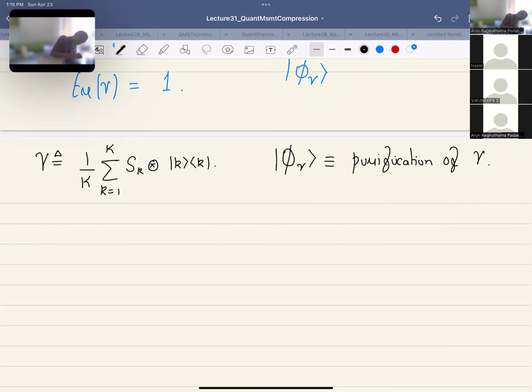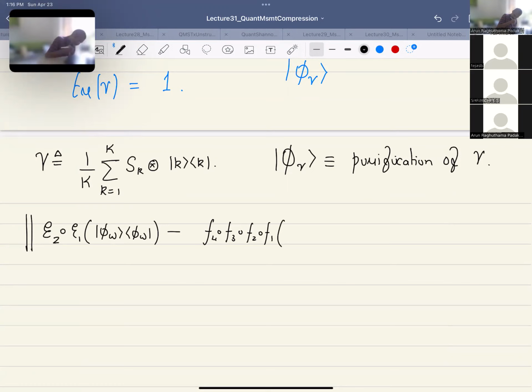Now I am studying the following: E2 tensored with E1 operated on the original state phi omega, minus F4 following F3, following F2, following F1, operated on phi gamma, not phi omega k, which was what I was asked to do. This is what I'm looking at.